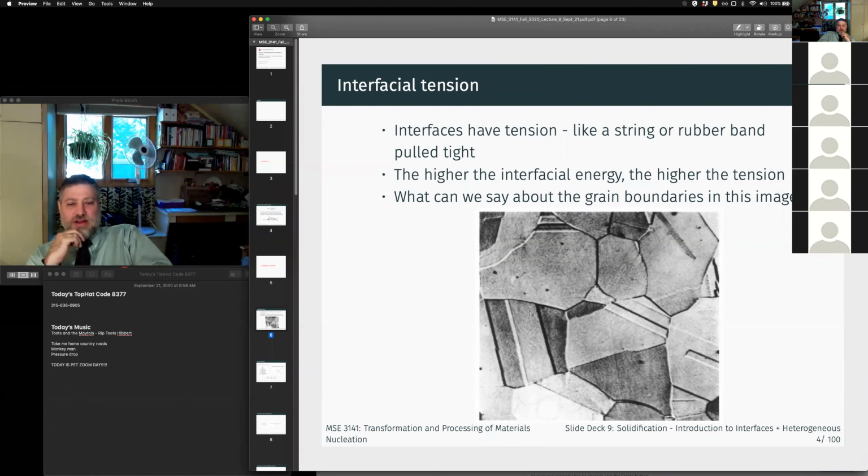But since I know you're comfortable taking a stab at things, let me ask you a leading question, right? What does it look like where the twin intersects a regular grain boundary compared to where this grain boundary intersects another grain boundary here?